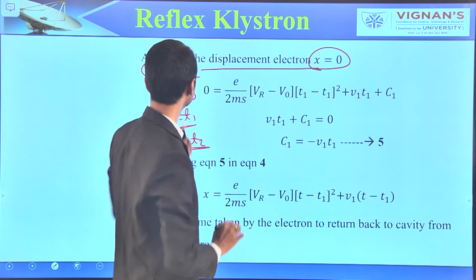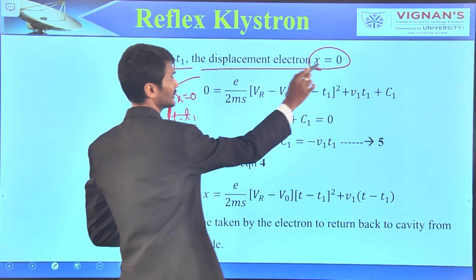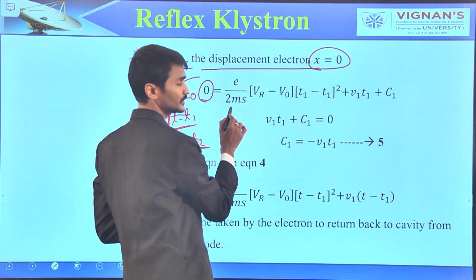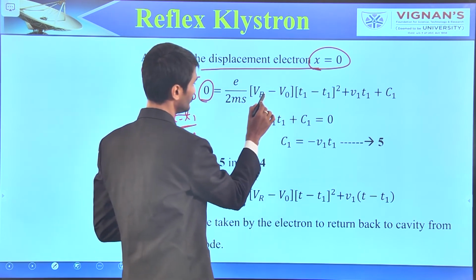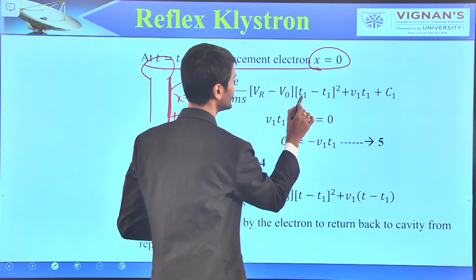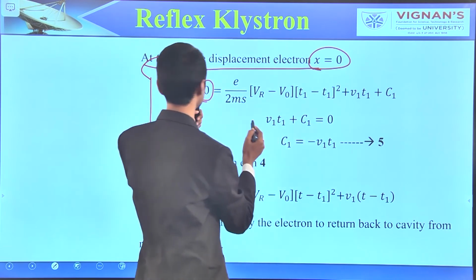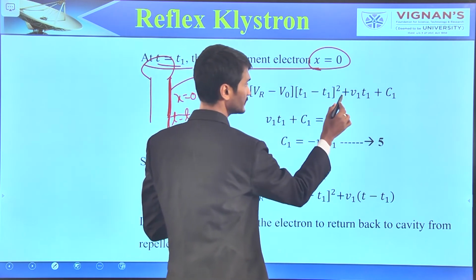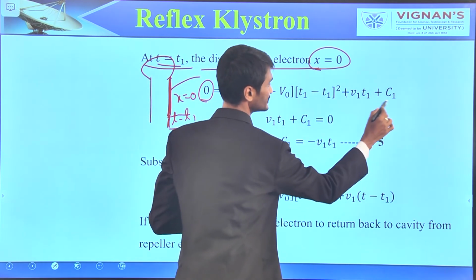Now substitute at t equals t1, the displacement of electron x equals 0, here. So E by 2 m s (Vr minus V naught) into (t1 minus t1) whole square plus v1 t1 plus C1.